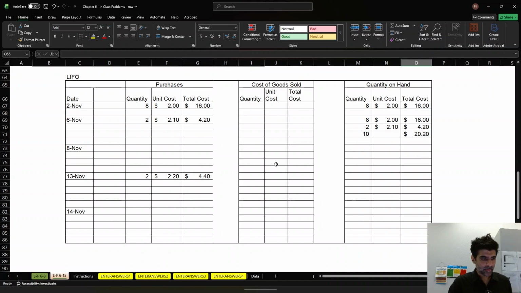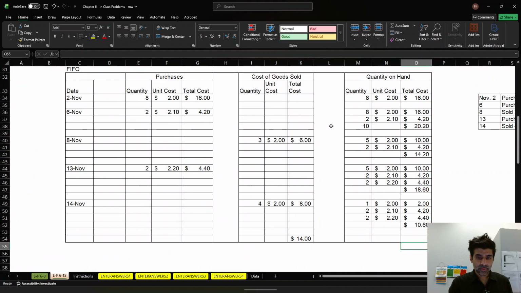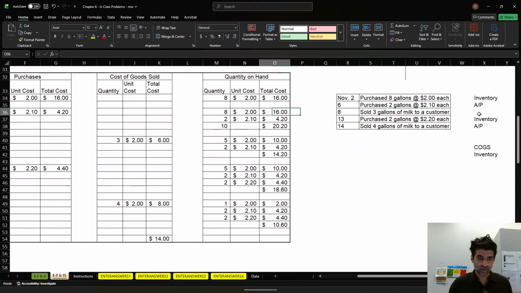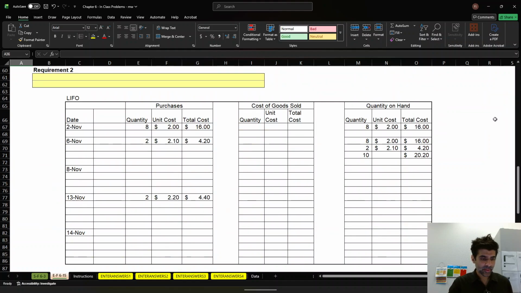Okay, so look, it's very, very similar. I saw a lot of you are getting this, so good. The same transaction is happening. 3 gallons are being sold on November 8th. So we need to have 3 units total here.